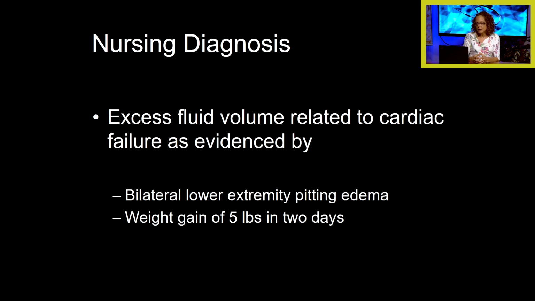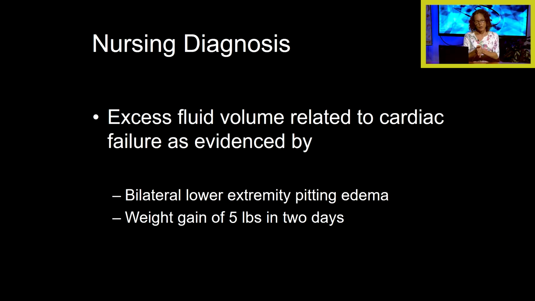Another nursing diagnosis might be excess fluid volume related to cardiac failure, as evidenced by bilateral lower extremity pitting edema, right? And we might quantify that, +1, +2, +3, and a weight gain of 5 pounds in 2 days. Okay? So this is evidence, right, that our patient is retaining fluid and has excess fluid on board.